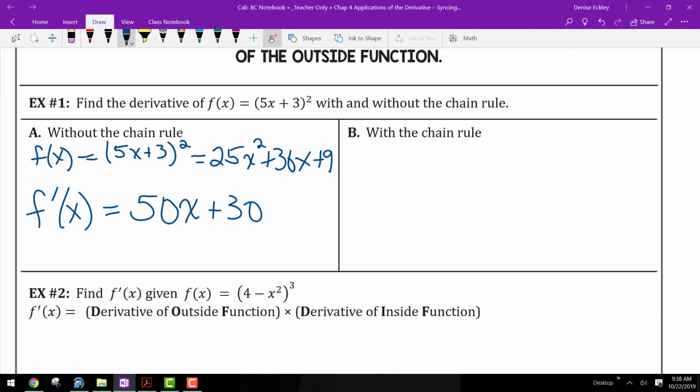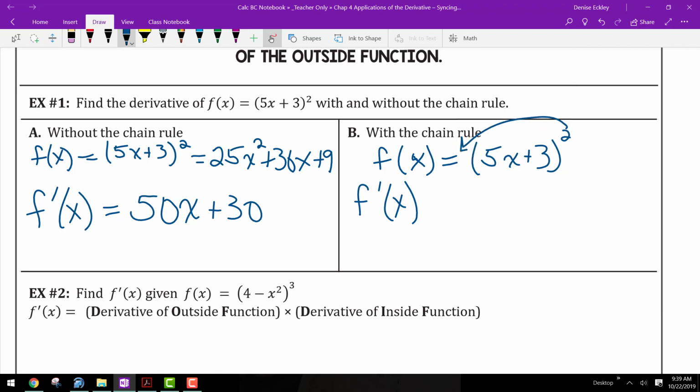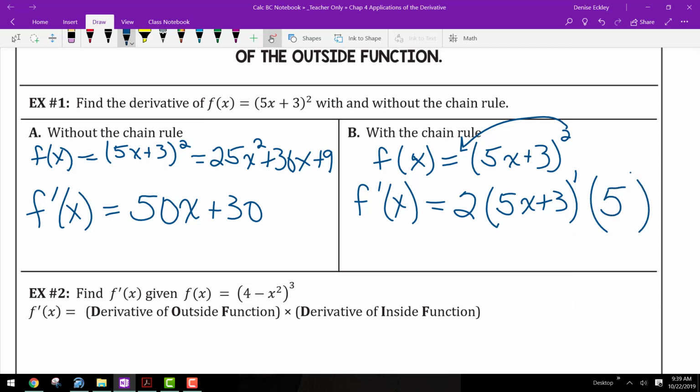So here's what we do. f of x is 5x plus 3, that binomial squared. So f prime of x is going to be, we take the derivative of the outside function, which is a squared function. So we bring the 2 down, we lower the power by 1, so it now becomes 2 times 5x plus 3 to the first power. Then we take the derivative of 5x plus 3, which becomes 5.